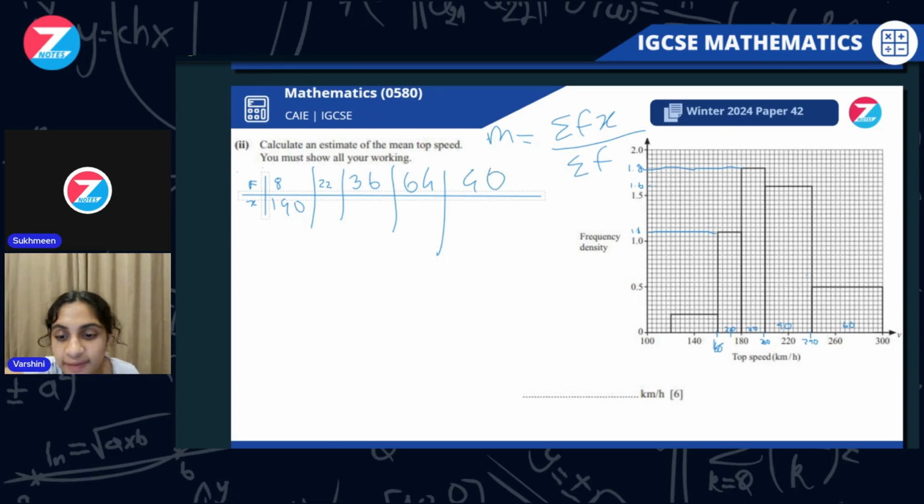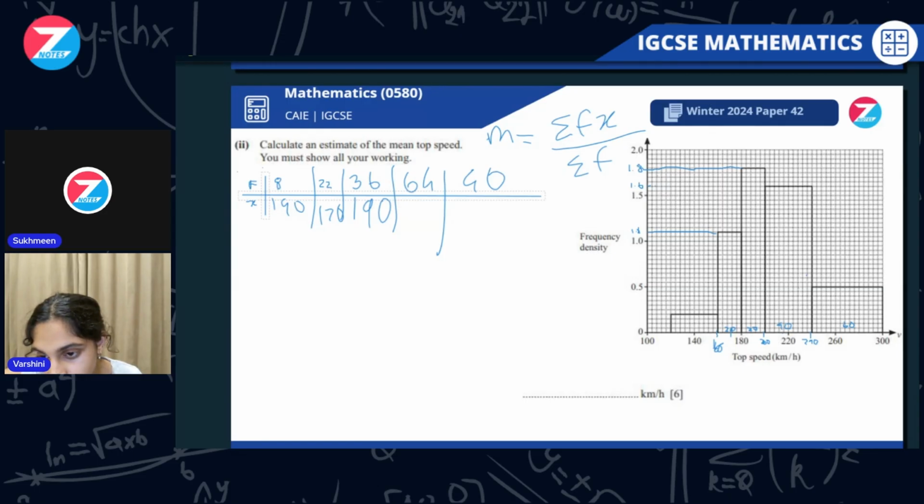So now we just need to find the midpoints of all of them. This one, we know that this much is 20, so half of 20 is just going to be 10, and we add 10 to 160, so it's going to be 170 over here. And for the next one, it's going to be 10 plus 180, which is 190.